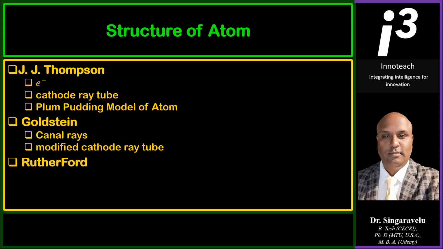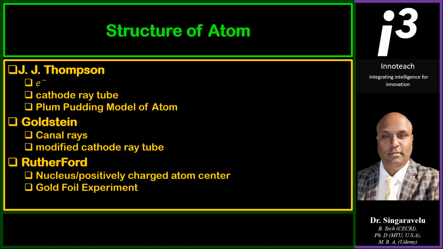Later, Rutherford did his experiment with the gold foil, wherein the foil was bombarded with alpha particles. Alpha particles are nothing but positively charged helium nuclei. The helium gas, when it is ionized, loses both the electrons to become He 2 plus, which is called an alpha particle.